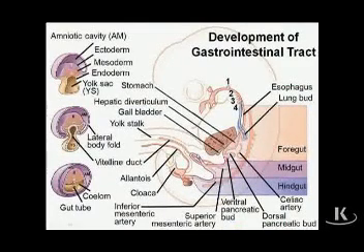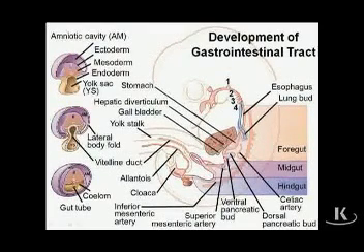And the last major congenital defect that I want to mention is defects that result in stenosis or atresia of some portion of the GI tract, where some portion of the lumen of the GI tract is either narrower than it should be or completely obliterated.